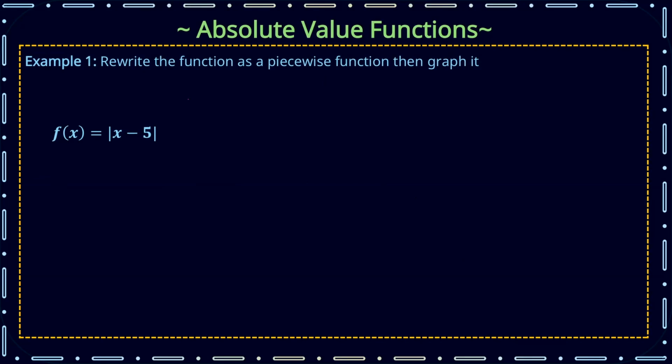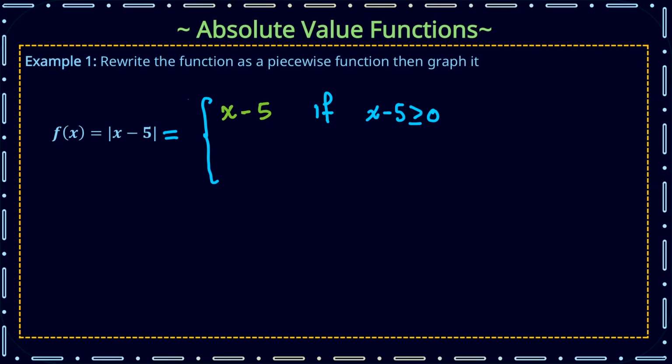break this down. Absolute value of x minus 5 can be broken down into two pieces. You can get x minus 5, absolute value of something is equal to that thing, to that number, if that expression or that number, in this case x minus 5, is greater or equal than 0.